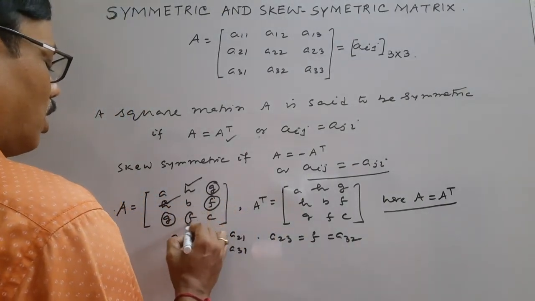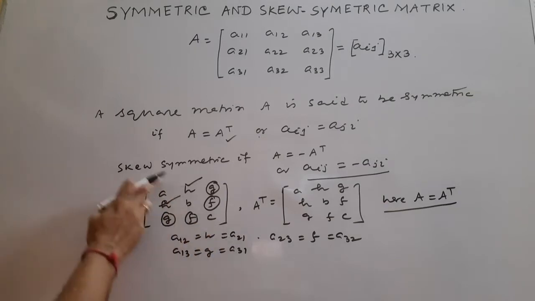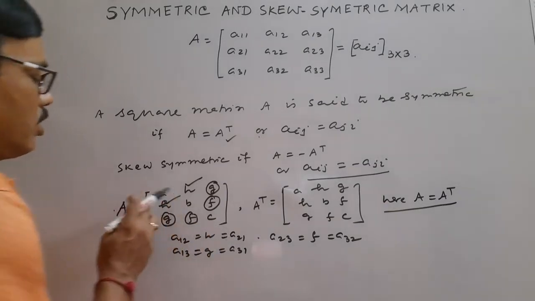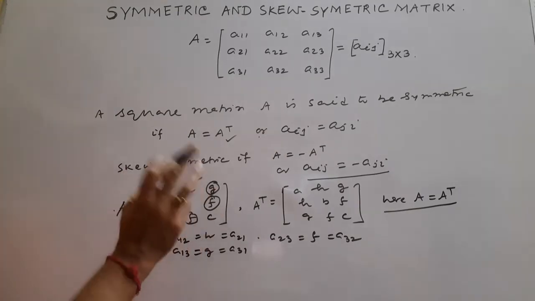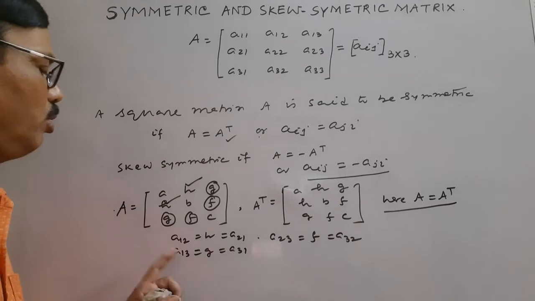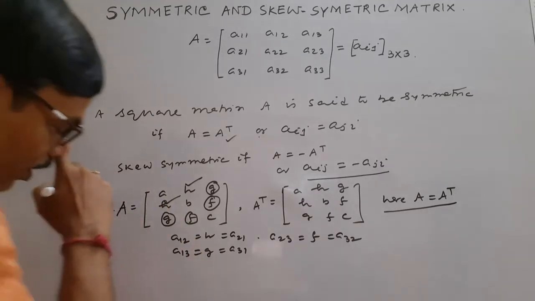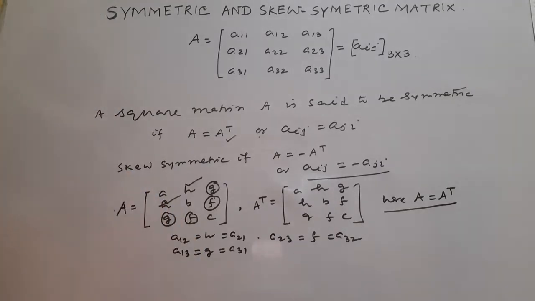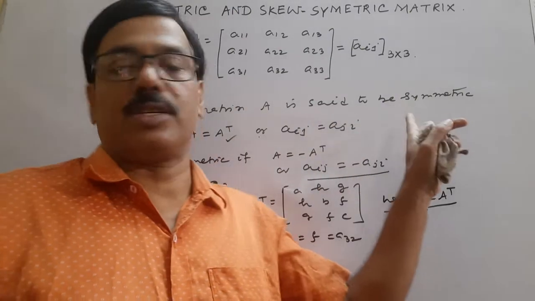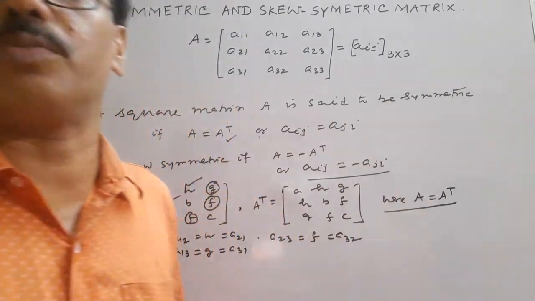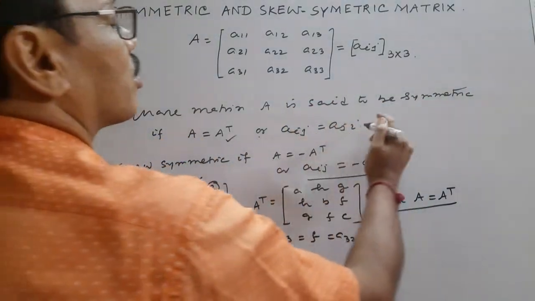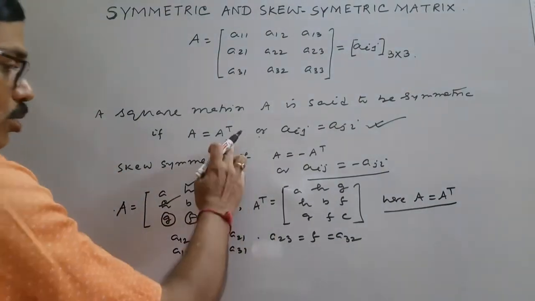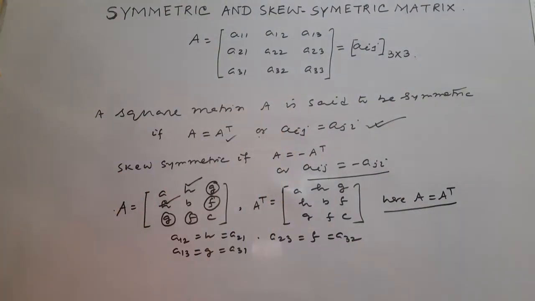Look, this is the diagonal. If you change A11, then it will be A11, so there is no change here. So a square matrix is said to be symmetric if A equals to A transpose, that is Aij equals to Aji, and skew symmetric if A equals to minus A transpose.